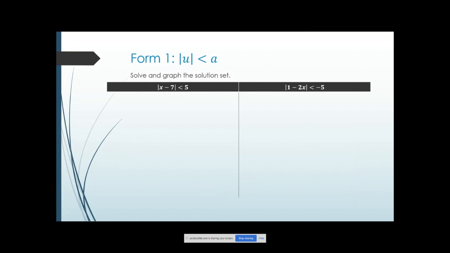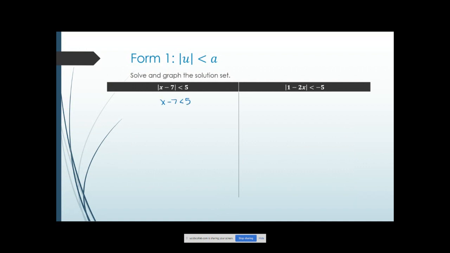So form 1, absolute value of something is less than a number, essentially, or less than something else. I've got 2 examples here. The first one here, absolute value of x minus 7 is less than 5. So if it's a less than, we turn this into a compound inequality.